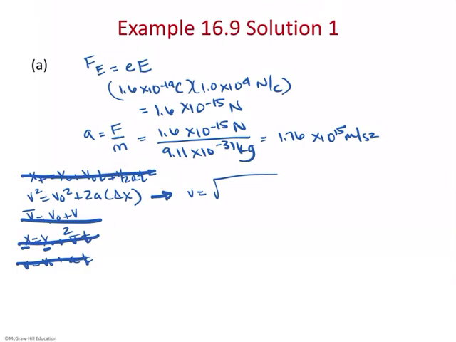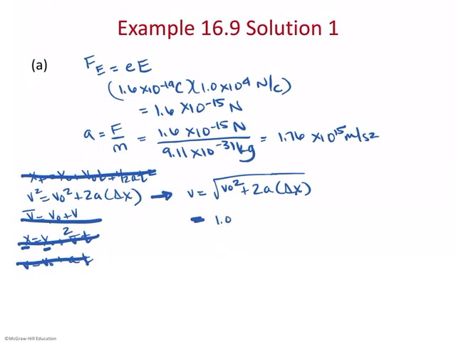So if we solve for final velocity, we have to do the square root of the initial velocity squared plus 2 times the acceleration times the change in x. Does it give us all that information? It sure does.